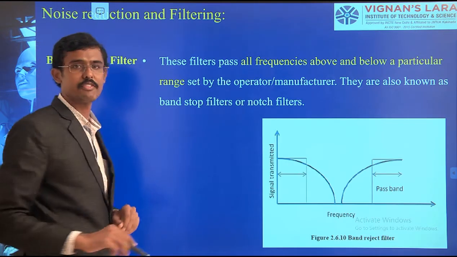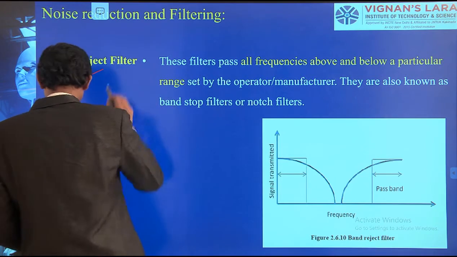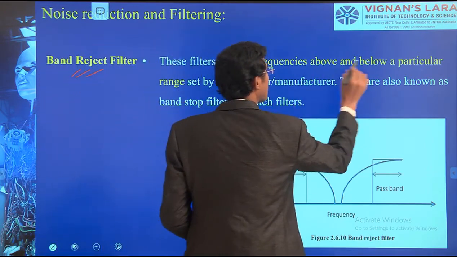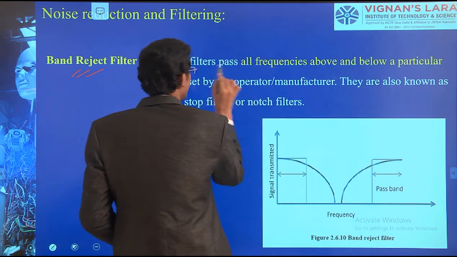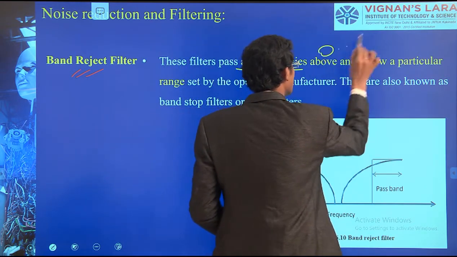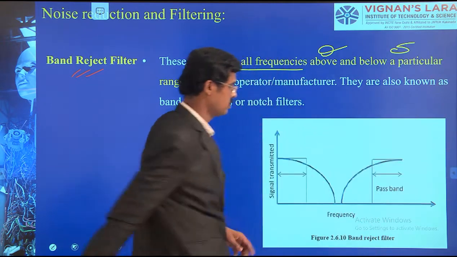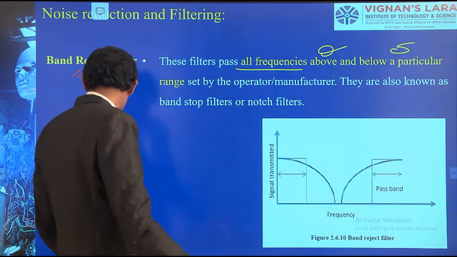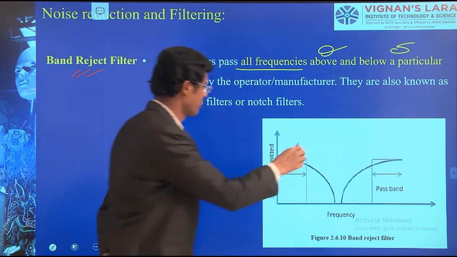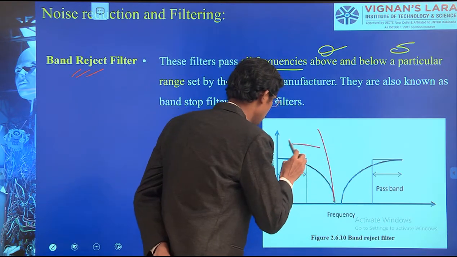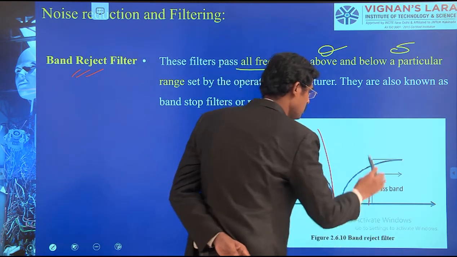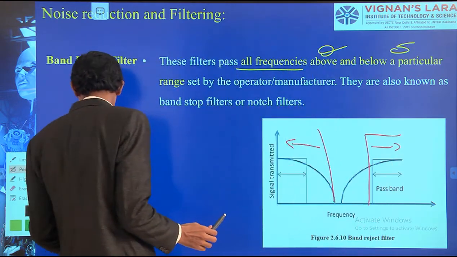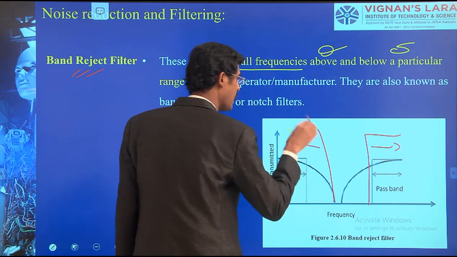Now the band reject filter. What we have done here is this filter passes all frequencies above and below a particular band, so that the center part I am rejecting. This side I need, and this side I need.